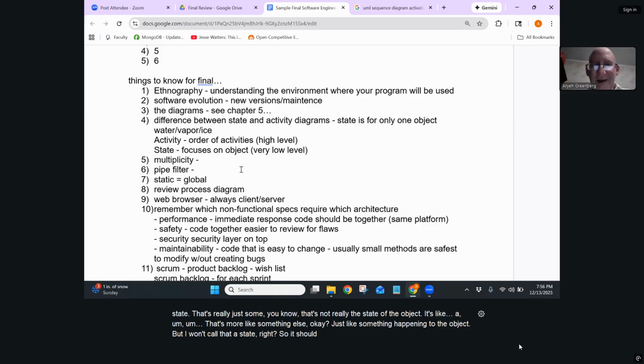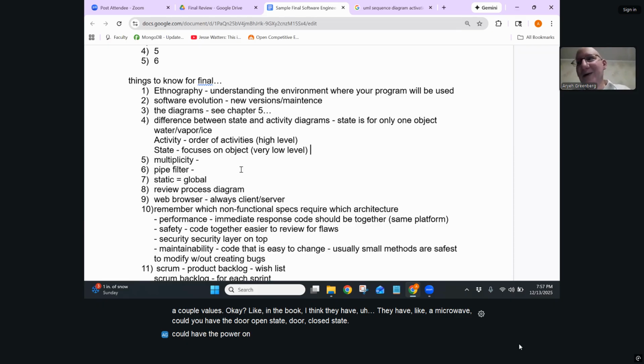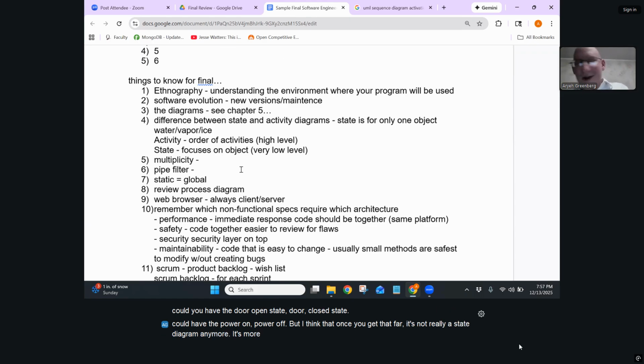So it should be only a couple of values. In the book, I think they have a microwave with the door open or closed, and the power on or off. But once you get that far, it's not really a state diagram anymore. It's more like an activity diagram.